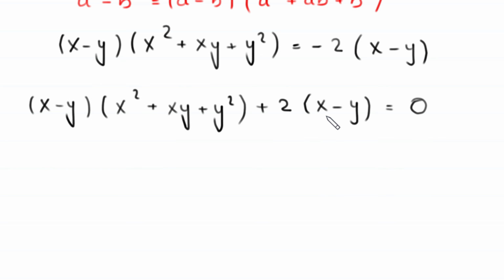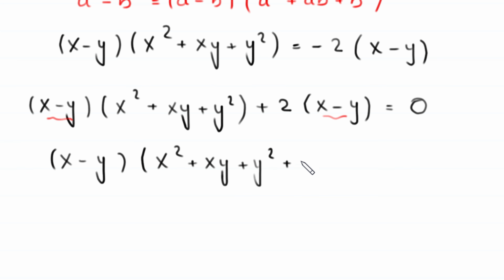This x minus y is a common factor, so we factor out this x minus y, and in bracket x squared plus x times y plus y squared plus 2 equal to 0.